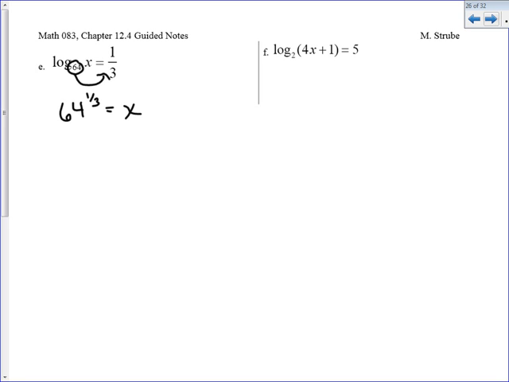What is the 1/3 power the same as? Cube root. 1/3 power, if you think back to 10.2, we did one of these. Index. 1/3 power is the same as the cube root of 64. Again, you could also put that in your calculator because nowhere in the directions does it say anything about needing to use radical notation. We're looking at the cube root of 64, which is 4.